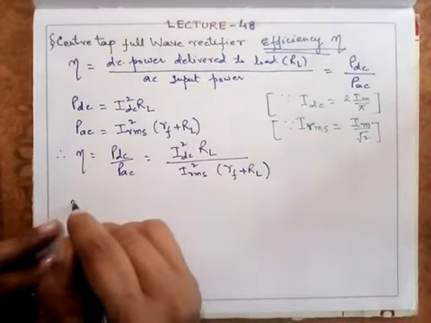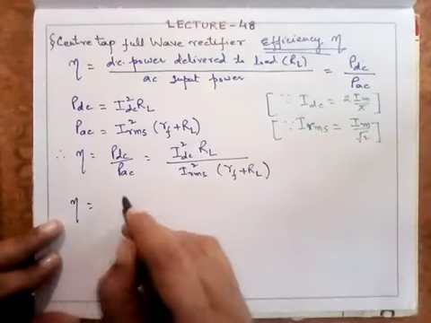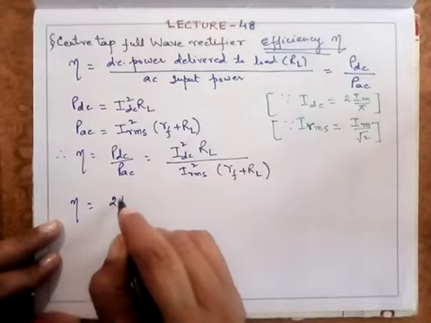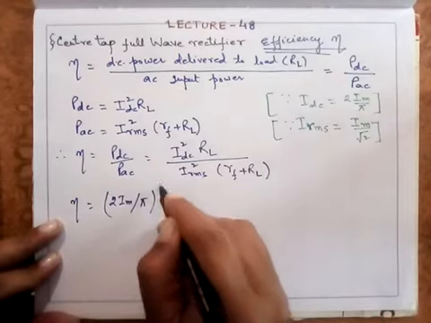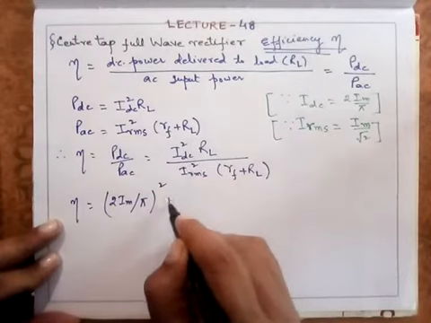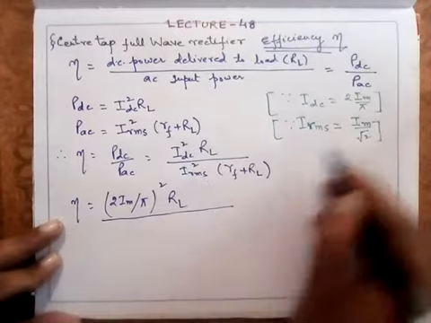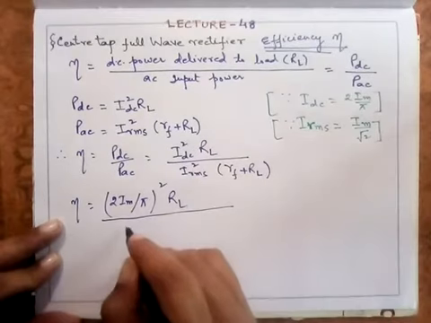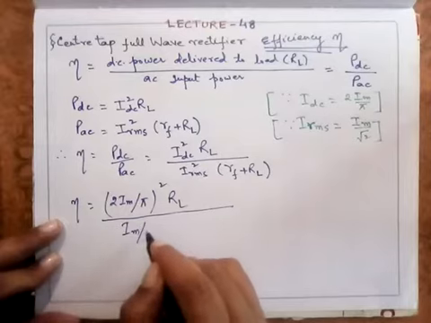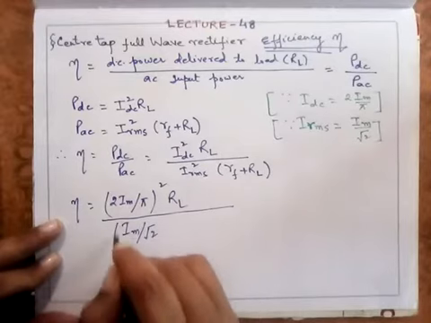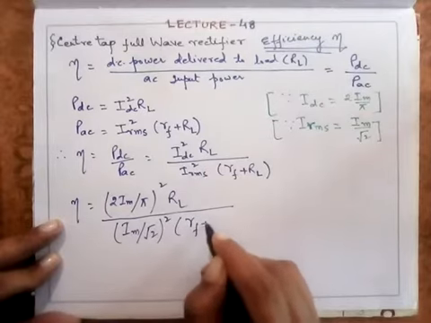So the value of eta is equal to twice Im by pi whole square into RL upon Im upon root 2 whole square into Rf plus RL.